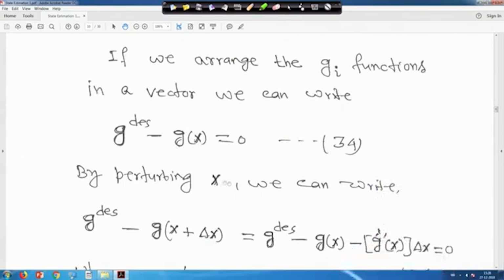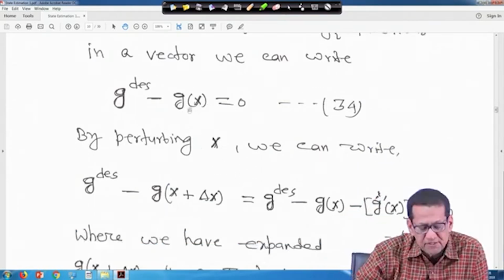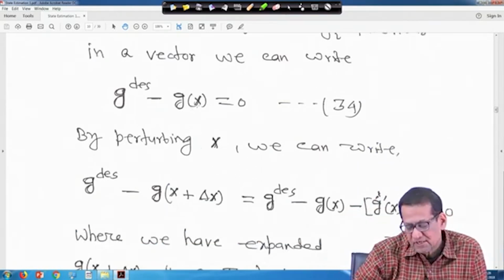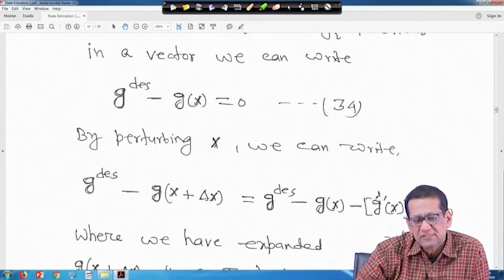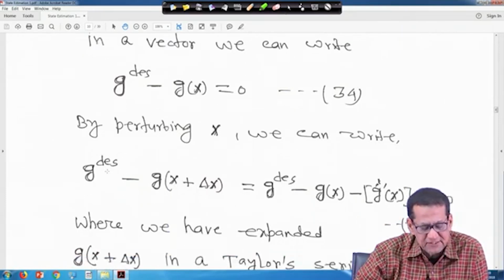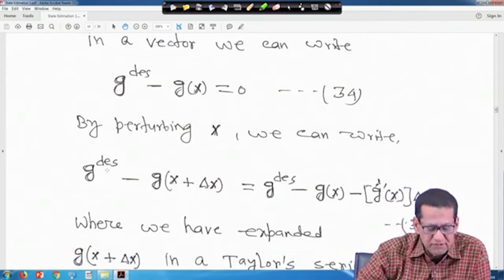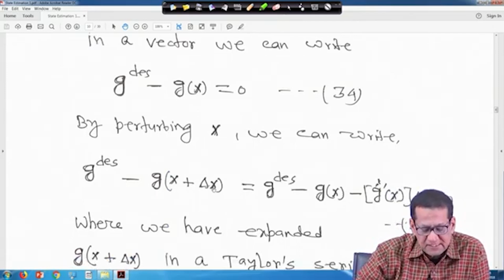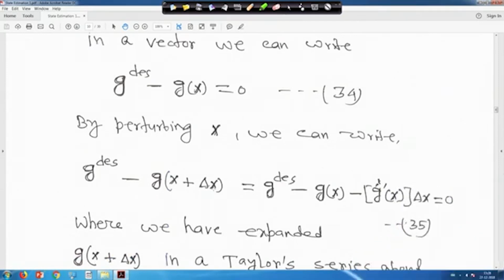By perturbing x from some initial value, we can write g desired, which is specified, minus g(x plus delta x).